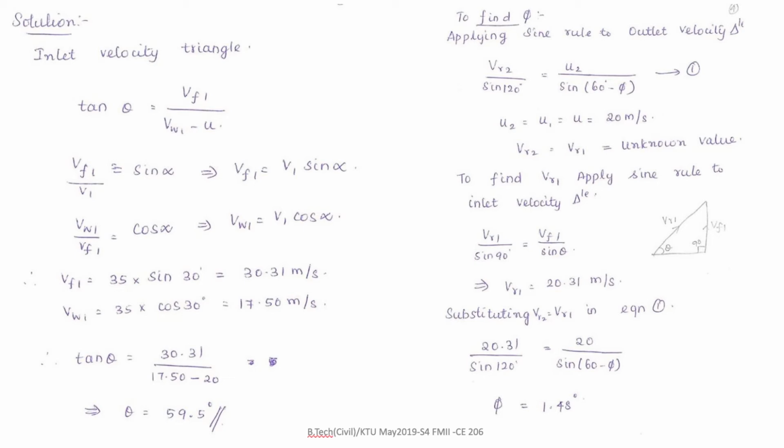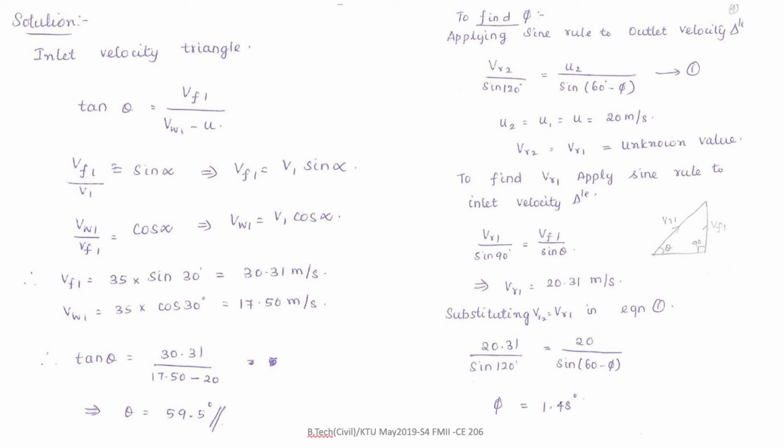Here, what are the things we know? Only U. We don't know Vf1, and we don't know Vw1. So how to find that? Vw1 and Vf1 are the horizontal and vertical components of V1. So from the inlet triangle, V1's horizontal component is Vw1 and V1's vertical component is Vf1.